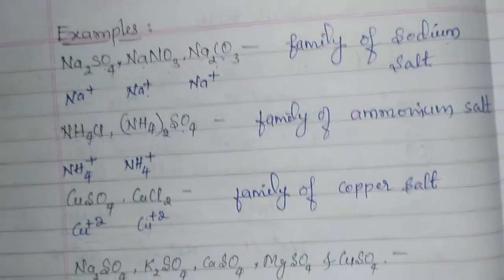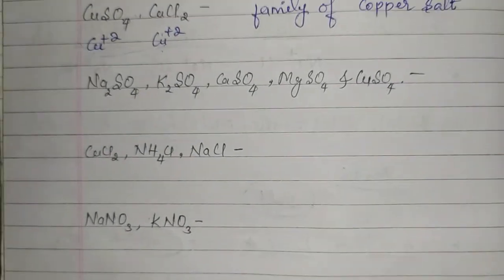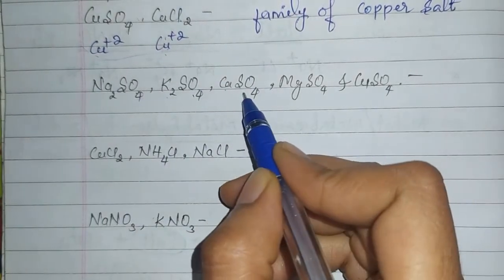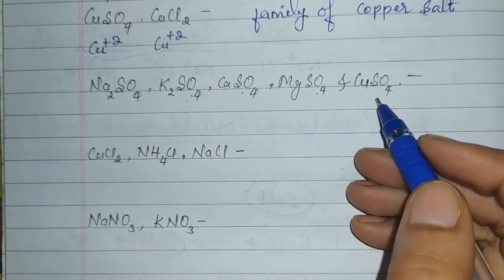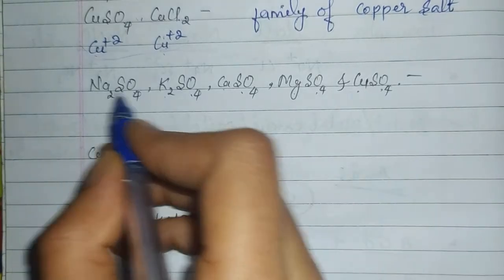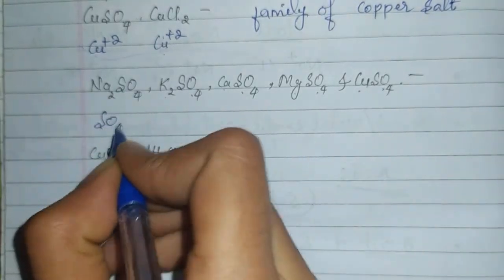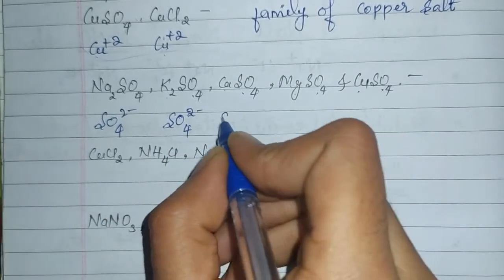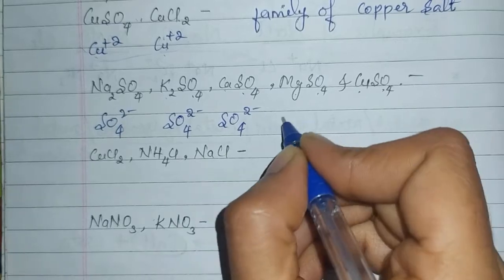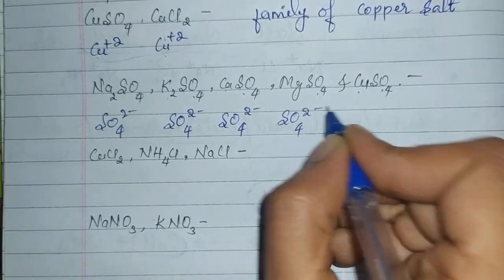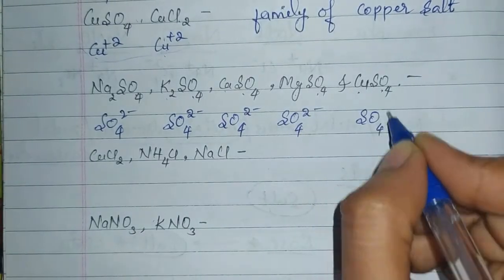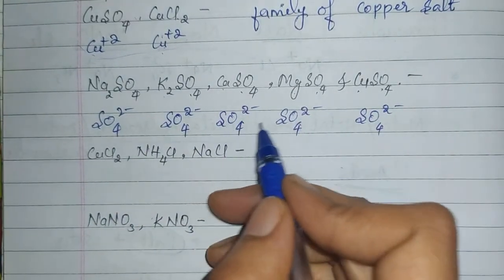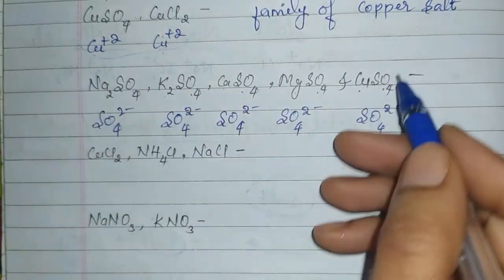Okay, let us see a few more examples. This is sodium sulfate, potassium sulfate, calcium sulfate, magnesium sulfate, copper sulfate. In all the cases, sulfate is the anion. Sulfate anion is common in all the salts.